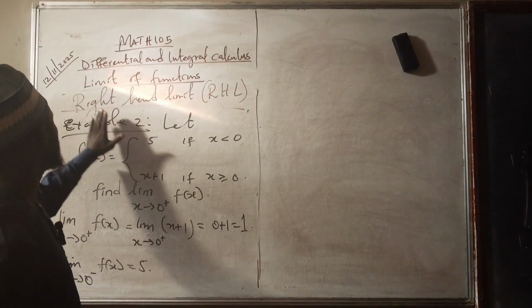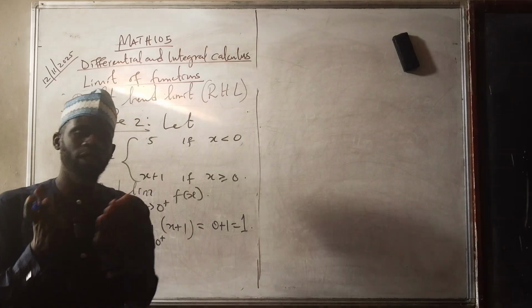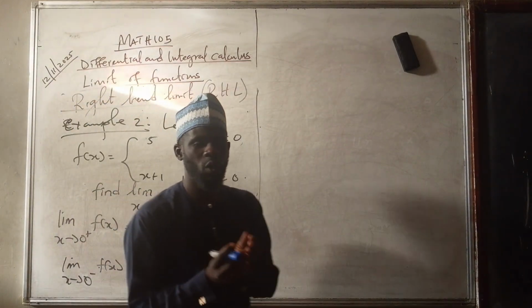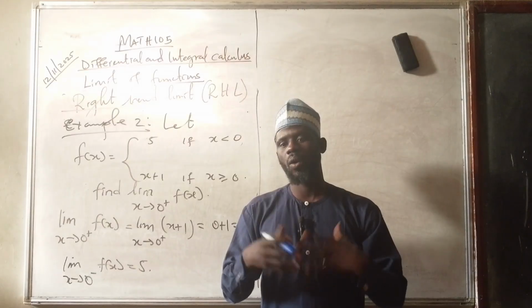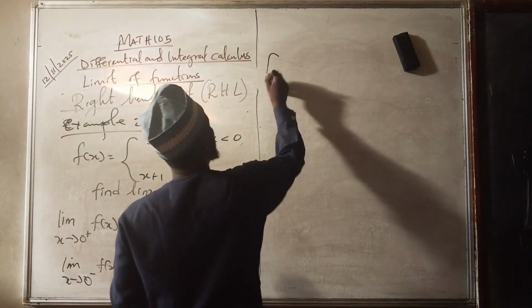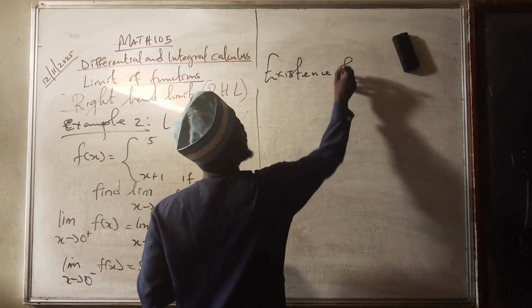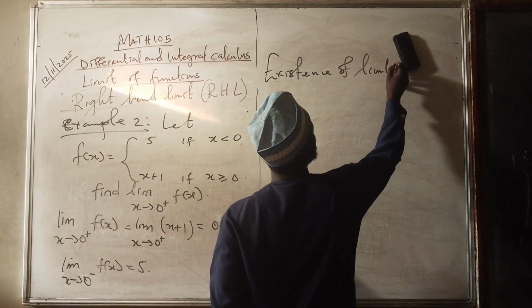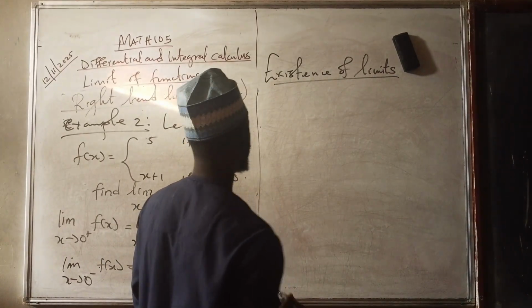The limit to the right, or the right-hand limit, and the left-hand limit are both called the one-sided limits. So now we are going to consider the two-sided limits, and that is the true existence of limit of a function.